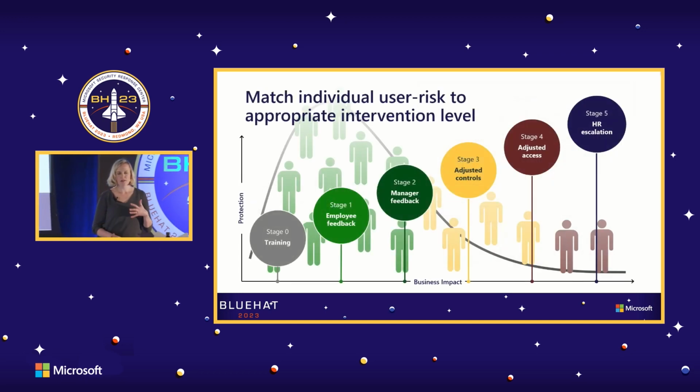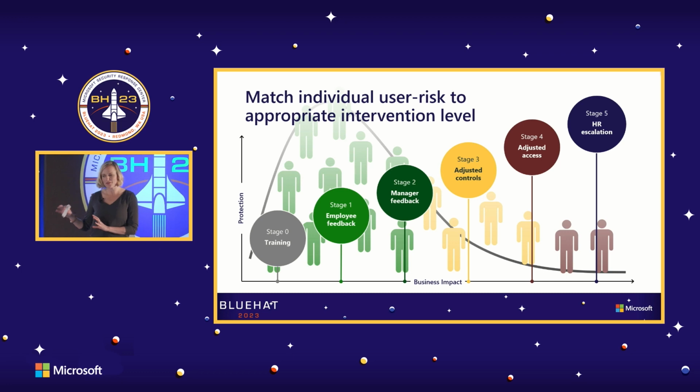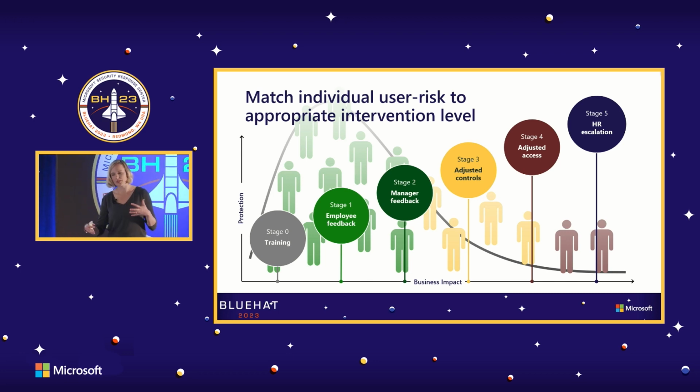So first I want to bring your attention on this slide to this bell curve that's on the back. We talked about the high-risk population that on average is about 12% of a workforce falling into these red folks towards the back, where a large portion of the population is going to be green, so very low risk. And we're seeing that this distribution of high-risk employees does fall along this bell curve.